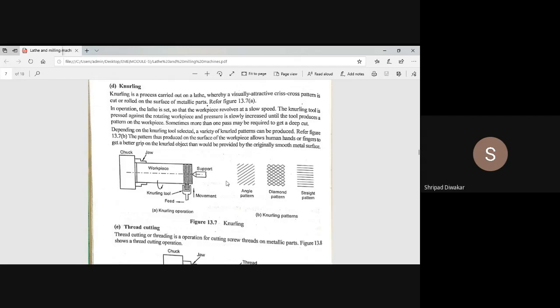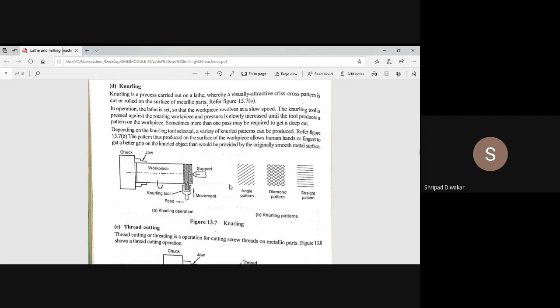In such cases we need such patterns. Whenever you generate such a structure on the workpiece, we can hold the job properly. To reduce slipping and for better gripping, we require such patterns on the given workpiece.